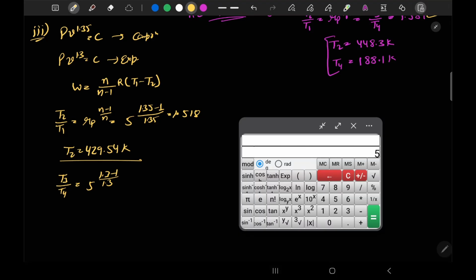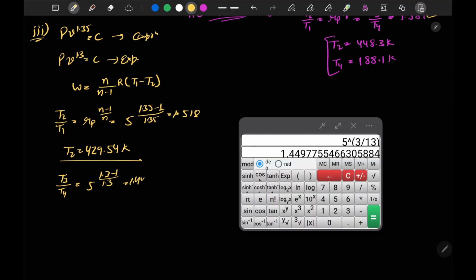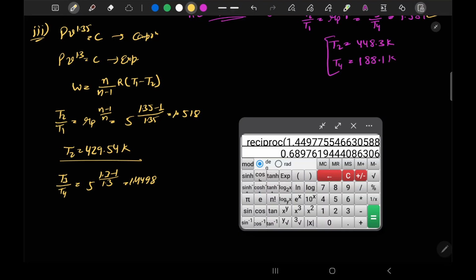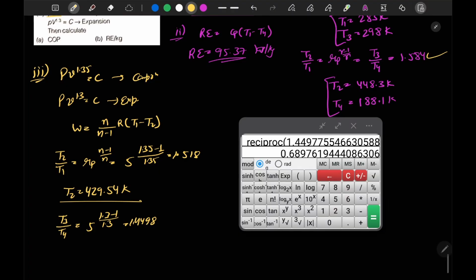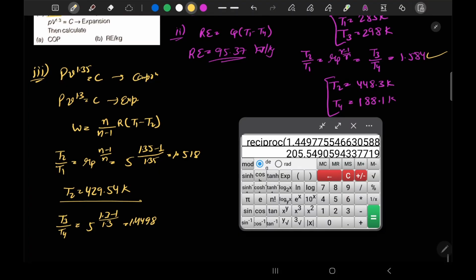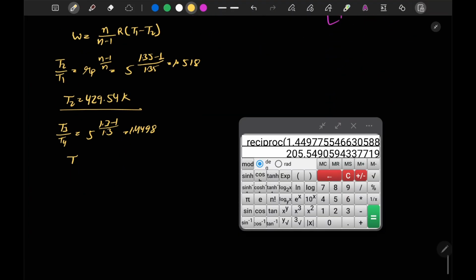If I do 5 to the power 3 divided by 13, I have obtained 1.4498. If I inverse it and multiply with T3, given as 298, I have obtained the value of T4 is equal to 205.55 Kelvin.